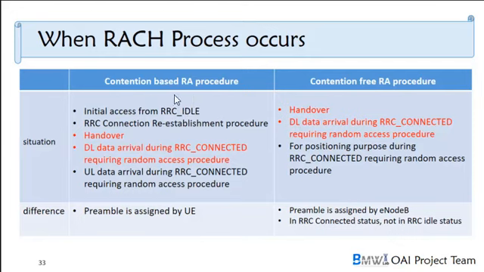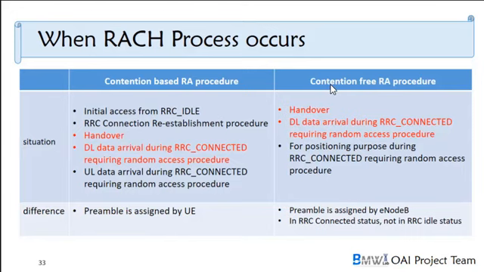You can see the left side is for the contention-based RA procedure: the initial access from RRC idle, the RRC connection establishment procedure, handover or downlink data arrival during RRC connected, and uplink data arrival during RRC connected.